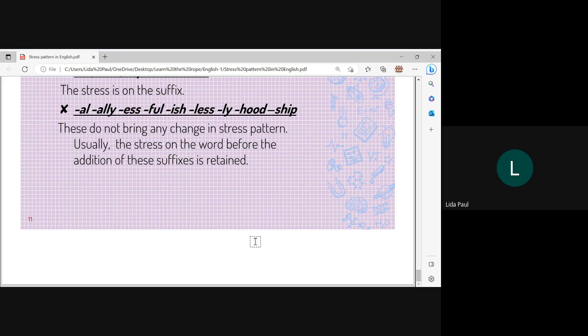where is the stress? Compound adjective. Second, yes. Correct.